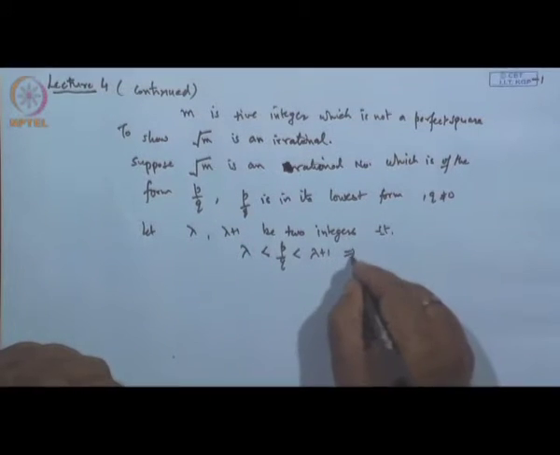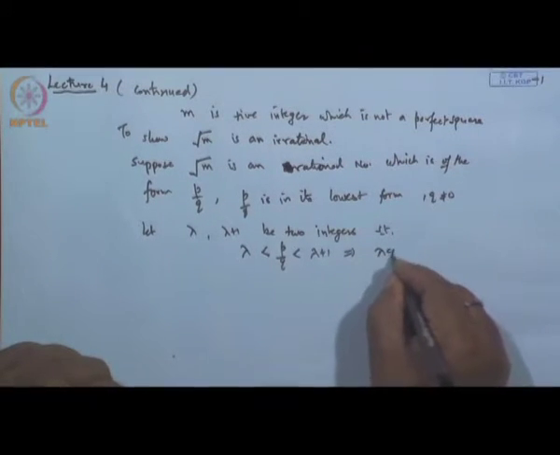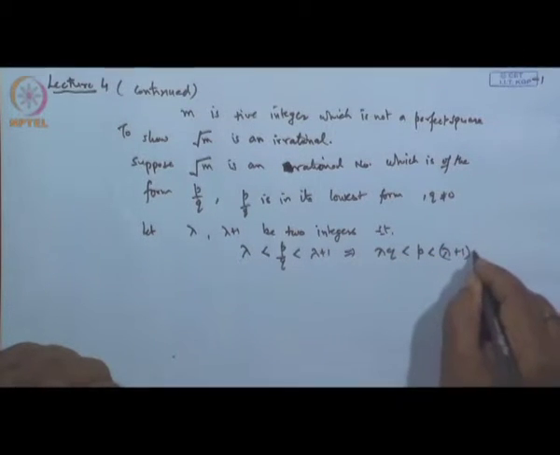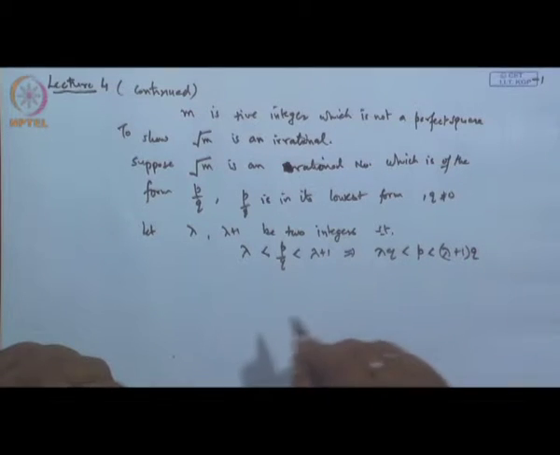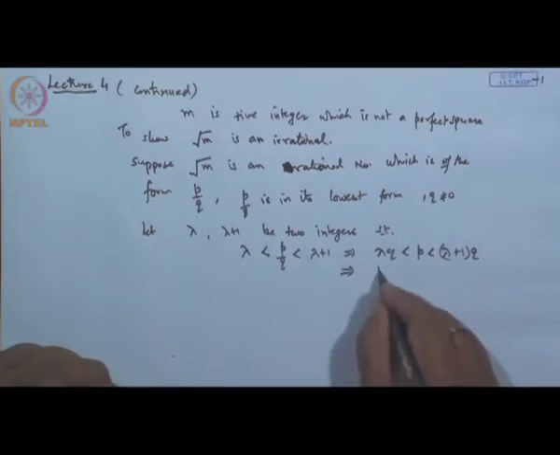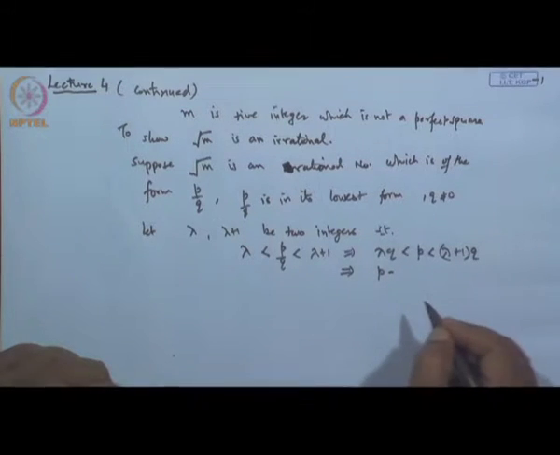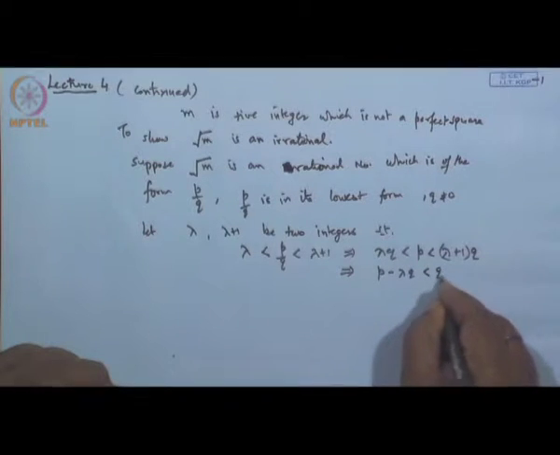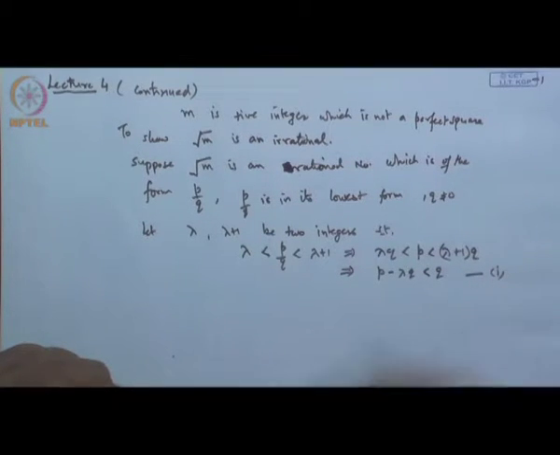That is, lambda q is less than p, which is less than (lambda plus 1) times q. Now, from here we can say that p minus lambda q is strictly less than q. Let us call it 1, because this will be required.